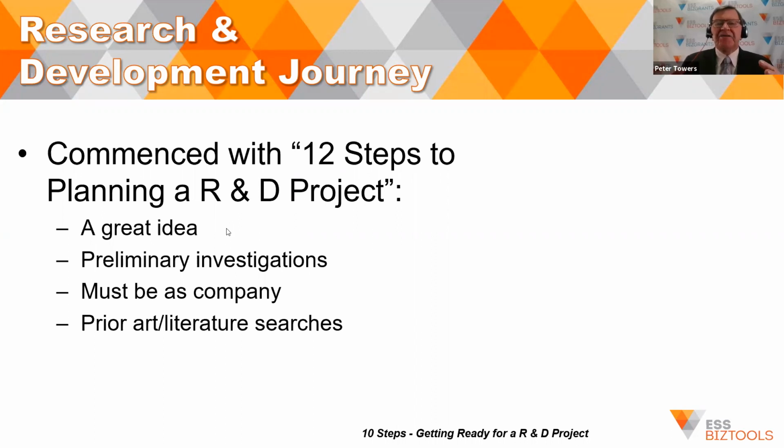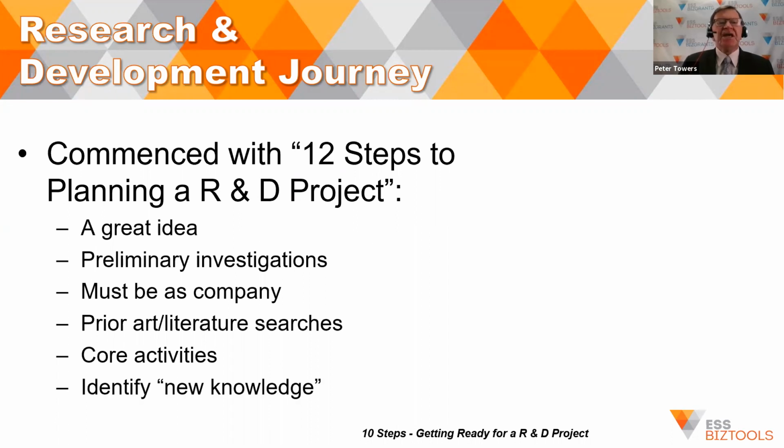The inventor or part of the team needs to undertake some prior art or literature searches, and you need to be able to identify what the core activities are that you're going to conduct your research activities into. And you need to identify new knowledge.